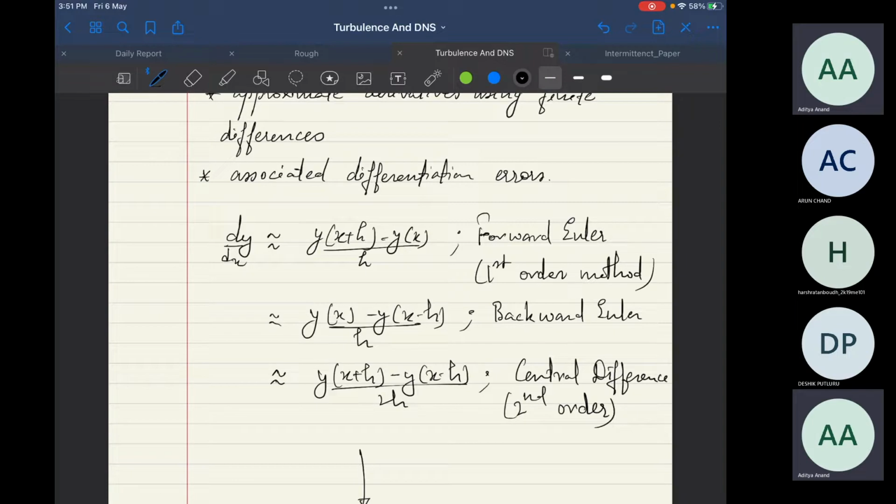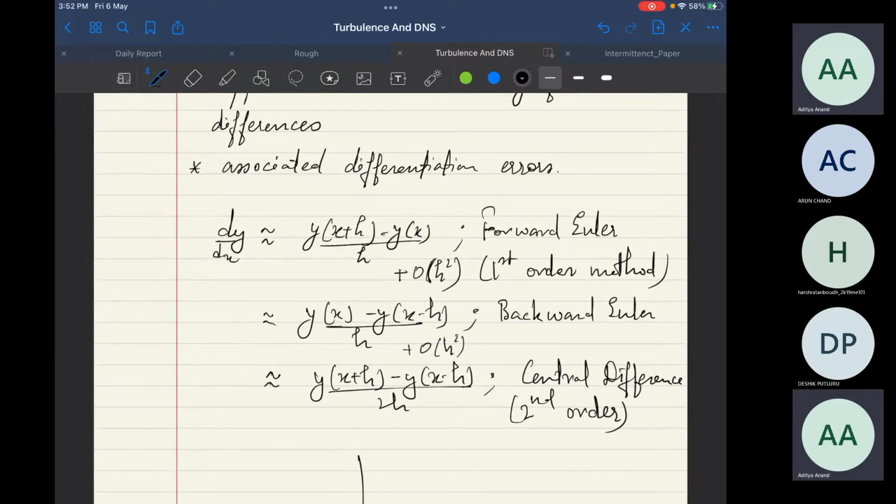So these are all first order methods, and you have some associated errors. So for first order methods, your associated error would be of the order h square, right? Let's check.